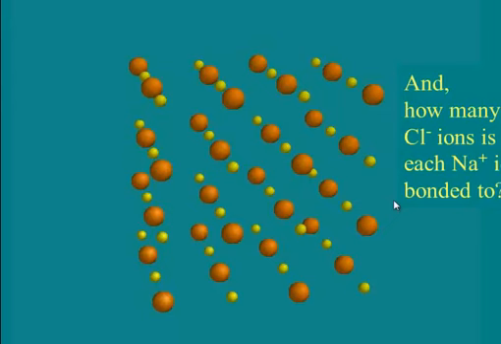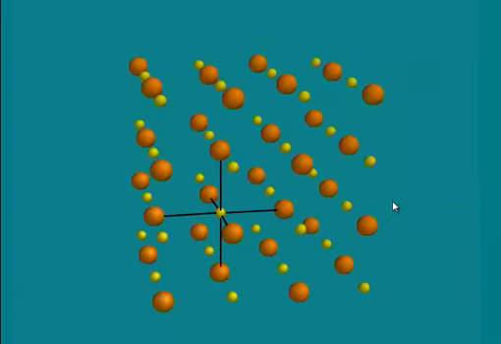And if you look at the reverse, each sodium ion is bonded to 1, 2, 3, 4, 5, 6 chloride ions. Any place you look, it is 6 with 6.